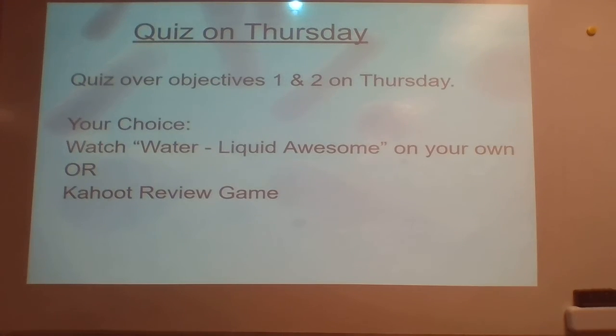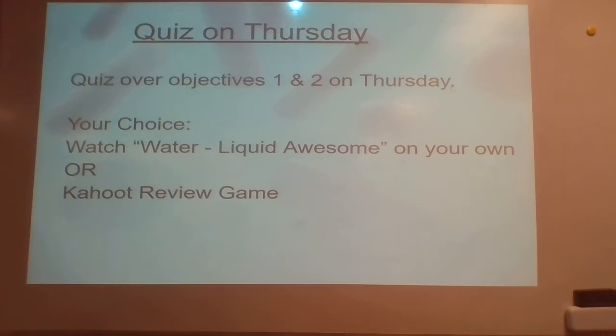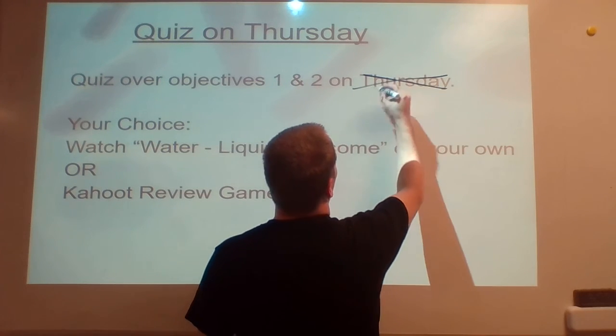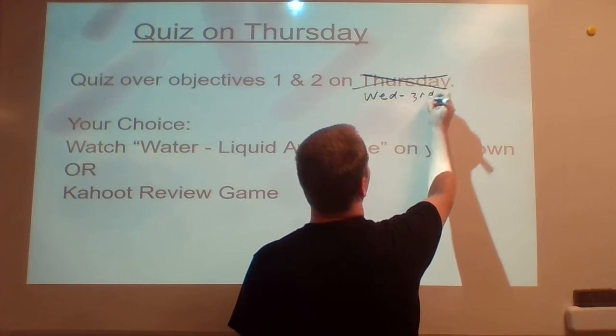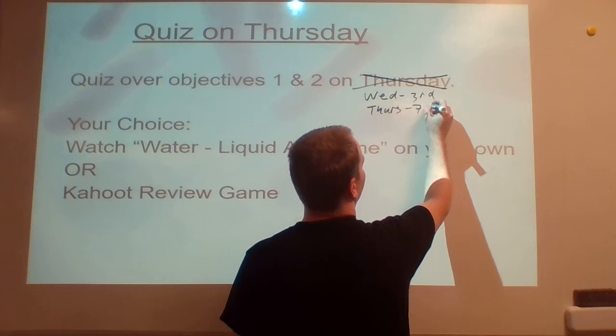Okay, some of this is incorrect. So this quiz is, I clicked. This quiz is on Wednesday. Where's my marker? This quiz is on Wednesday for 3rd hour and on Thursday for 7th hour.